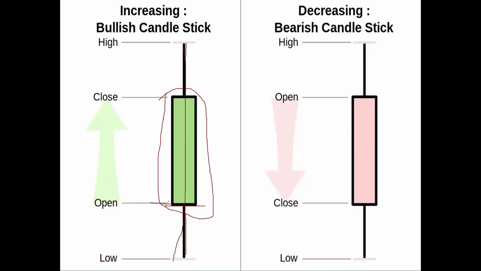Since the body itself is closing above the opening, it's a bullish candle, and there is some kind of selling pressure at the high and some kind of buying pressure at the lower low.